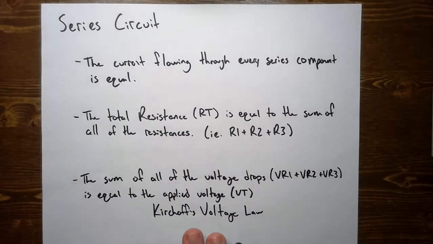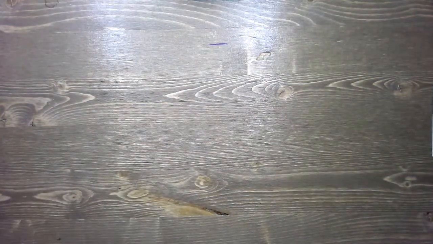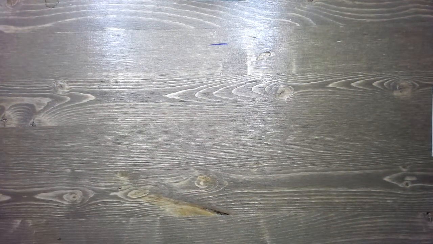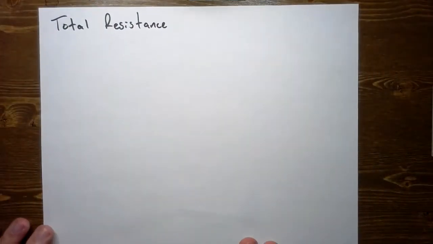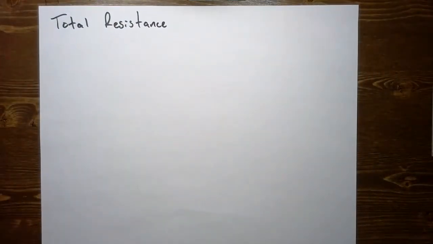So now that we've got a little bit of background knowledge about Kirchhoff's voltage law, we want to do a few things to see if we can verify that law, to make sure that it's something that we can use. So first we need to calculate our total resistance.